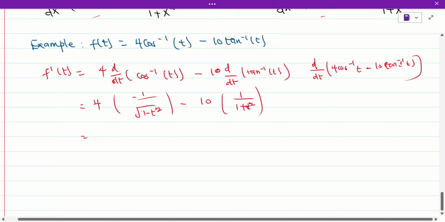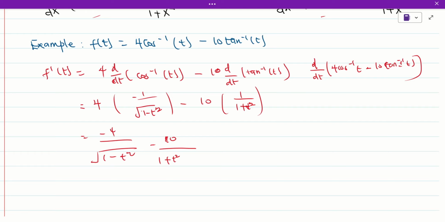So you're going to get negative 4 over the root of 1 minus t squared minus 10 over 1 plus t squared. Okay, so this is going to be our f prime of t. If you like, we can also simplify further, but let's leave it here.